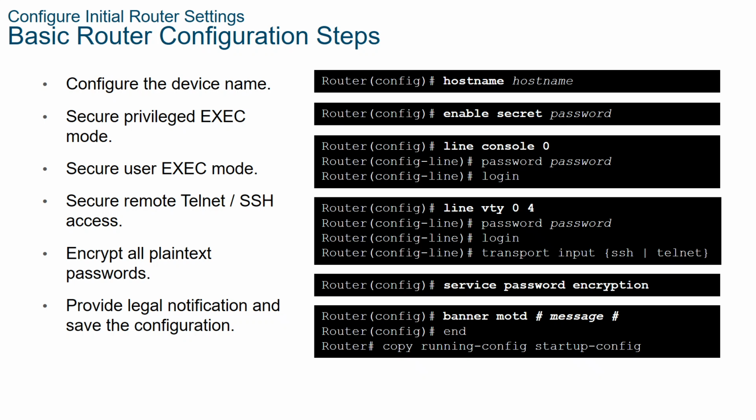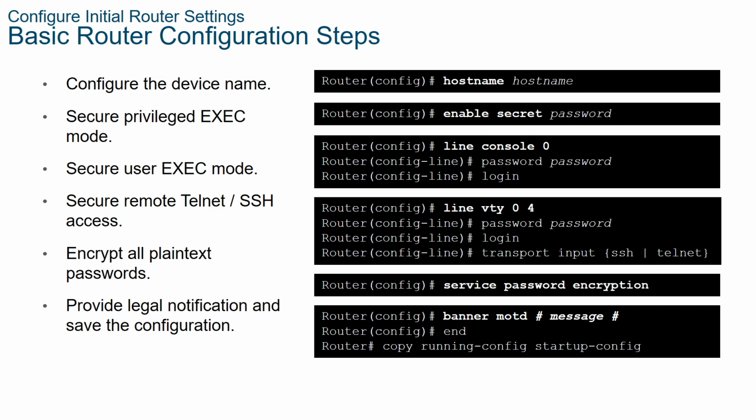To save your configuration, it is the copy command with running-config to startup-config. You copy the running configuration, which is stored in RAM, to the startup configuration, which is in NVRAM, so that if the router is powered down, when it starts up again it will use the startup configuration and copy it to the running configuration.